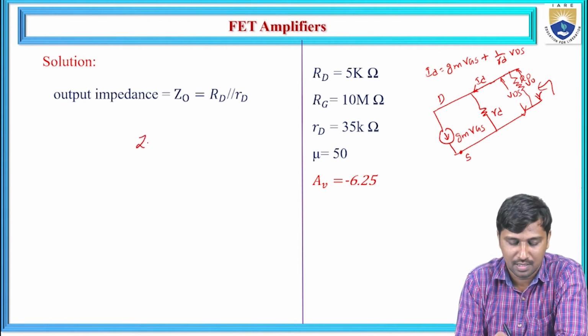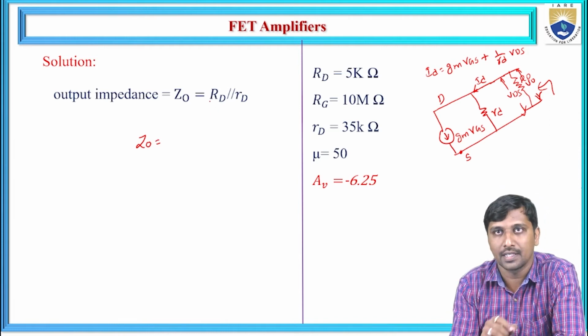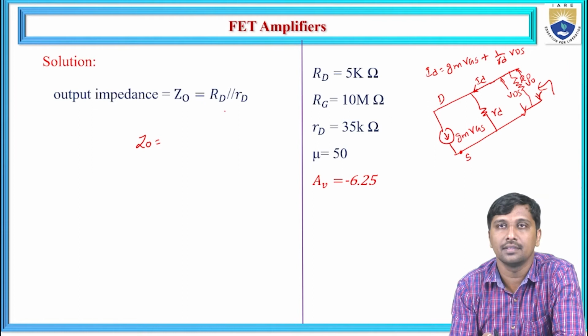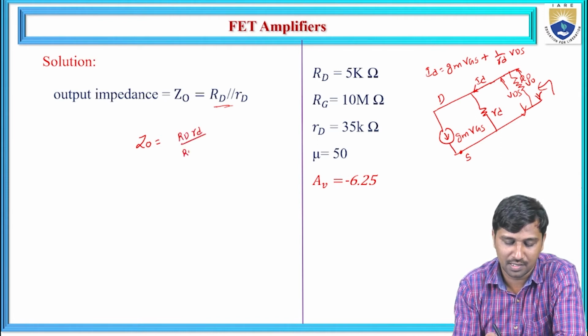Hence Z0 is the parallel combination of external drain resistance and internal drain resistance. You can substitute this parallel combination, RD into small rd by capital RD plus small rd.